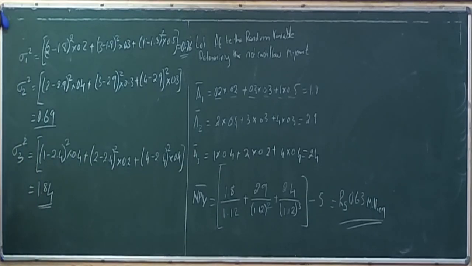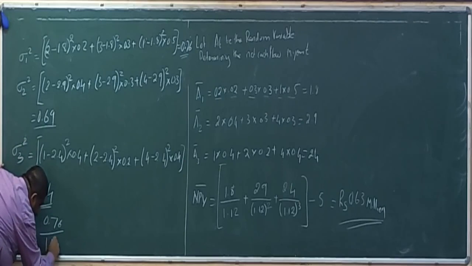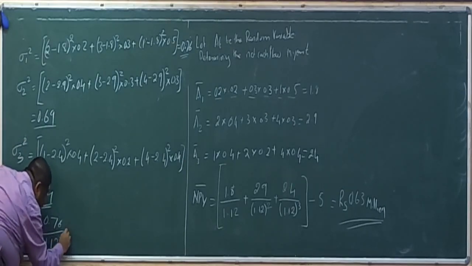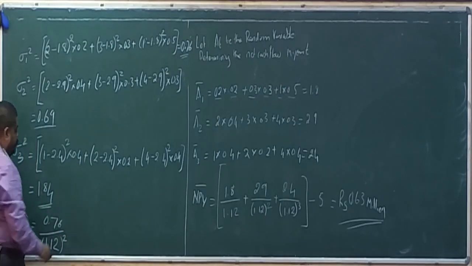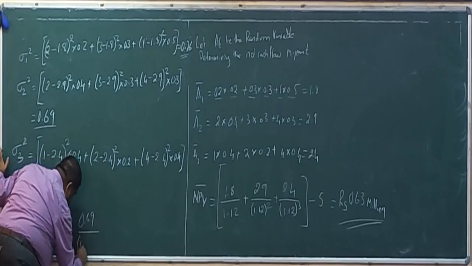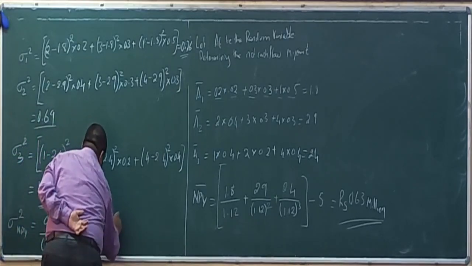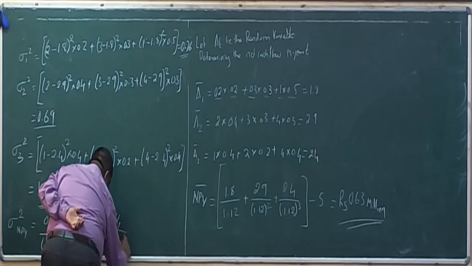Standard deviation of the NPV is equal to 0.76 divided by 1.12 squared plus 0.69 divided by 1.12 raised to 4 plus 1.84 divided by 1.12 raised to 6.